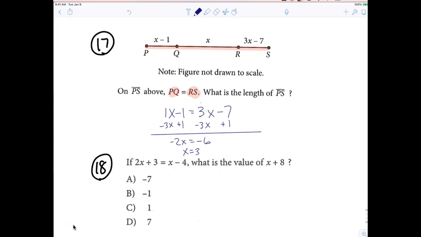Come on, look up there. Right, what's x? 3. So what's that length now? Yes, which is what? Think about it now. 2. All right, so this is a 2. Very good. Now what's QR? Just a minute.